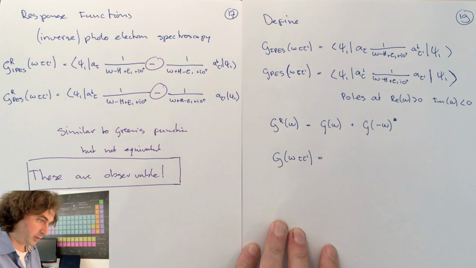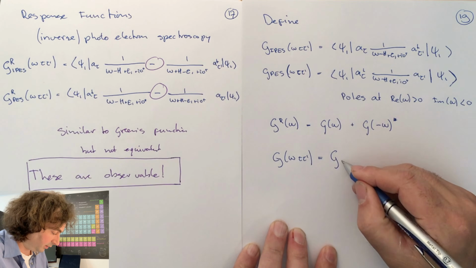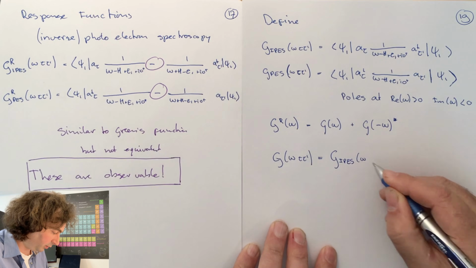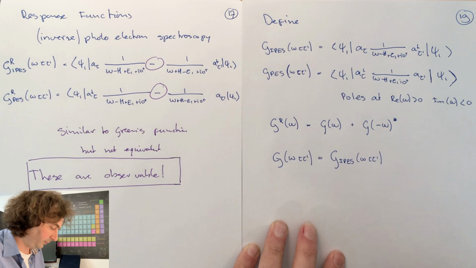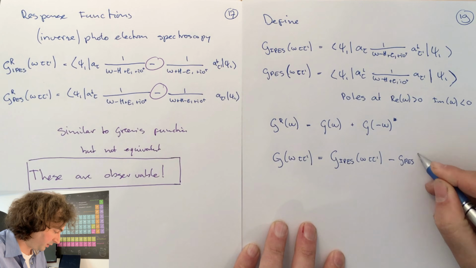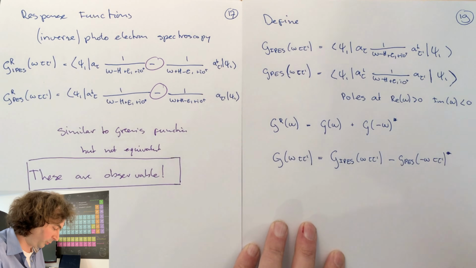And for the Green's function that we defined before, we have the combination of the one I-pass minus G-pass at minus omega, tau prime, complex conjugated.